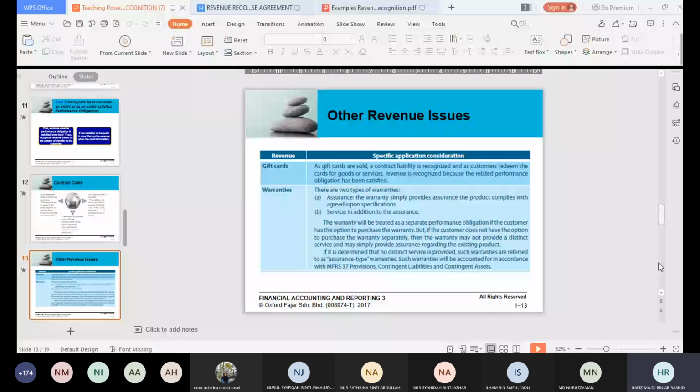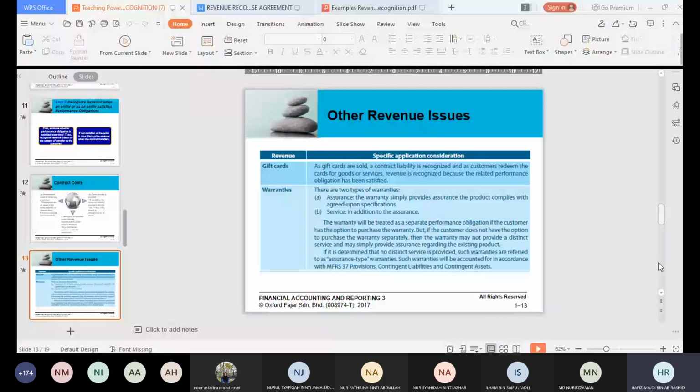So when the company sells the gift card, then it needs to recognize a liability. Okay, so once a person who has received the gift card redeems it, either for a good or services, then only the company can recognize a revenue.